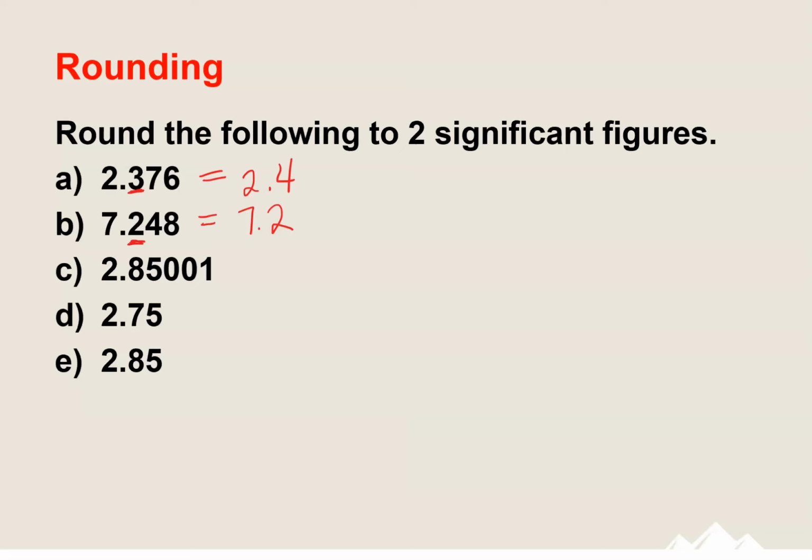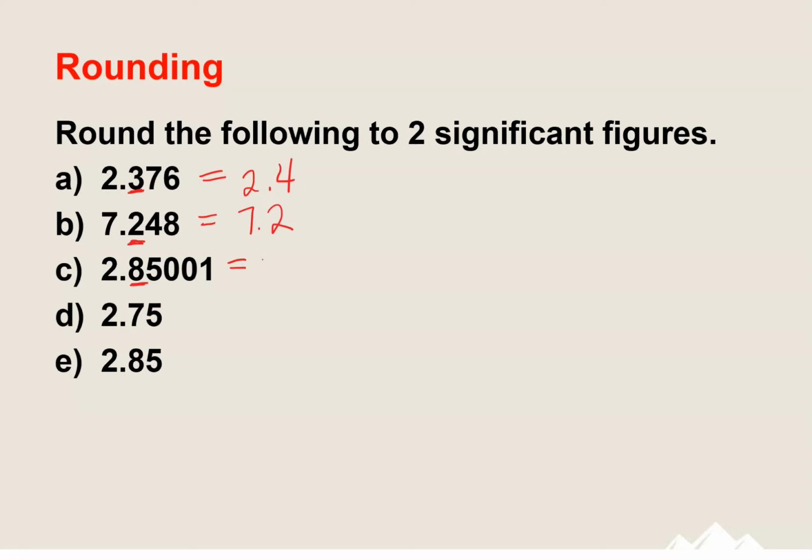And again, you're going to round it to the second digit, to the second significant figure. Okay, you got ahead of me there. Is it closer to 2.8 or 2.9?